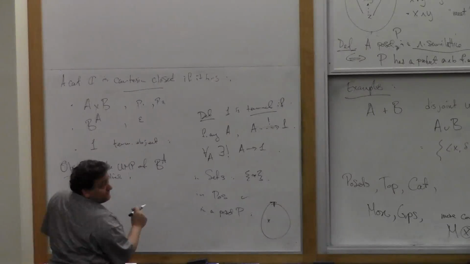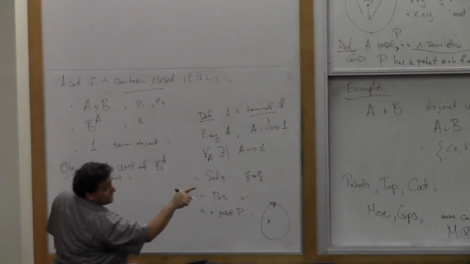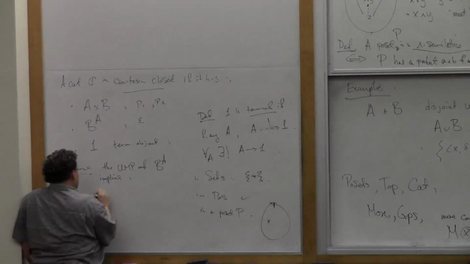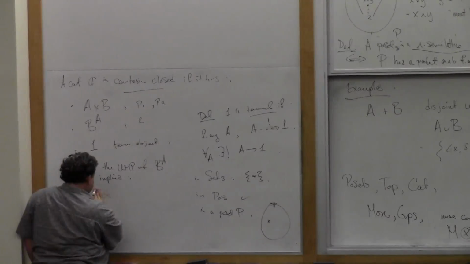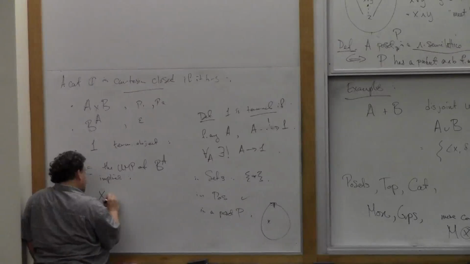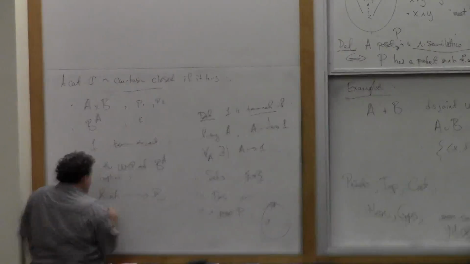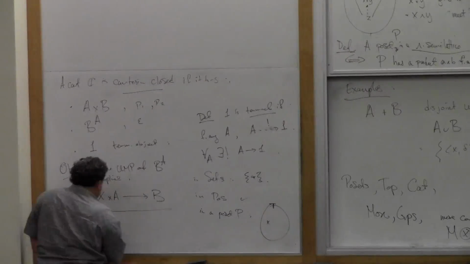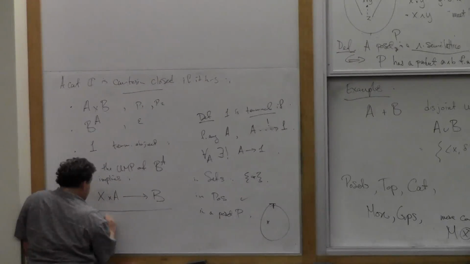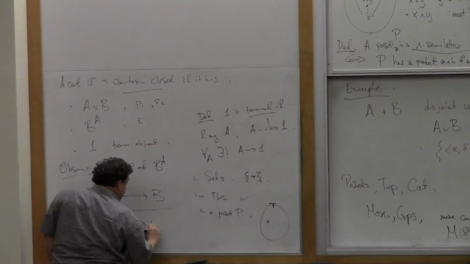Anytime I have X cross A, a map from X cross A into B, then there's a corresponding map from X into B to the A, right?